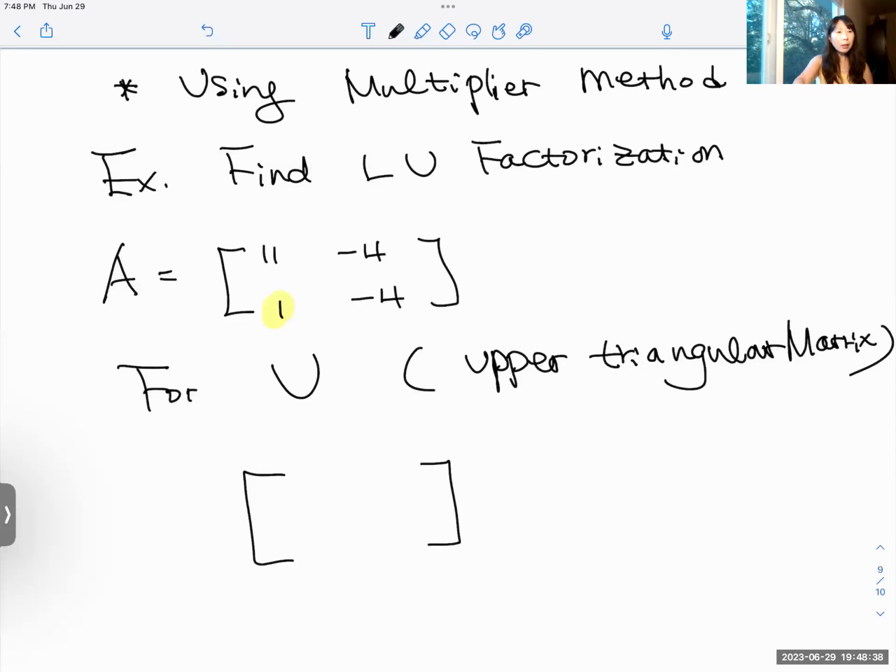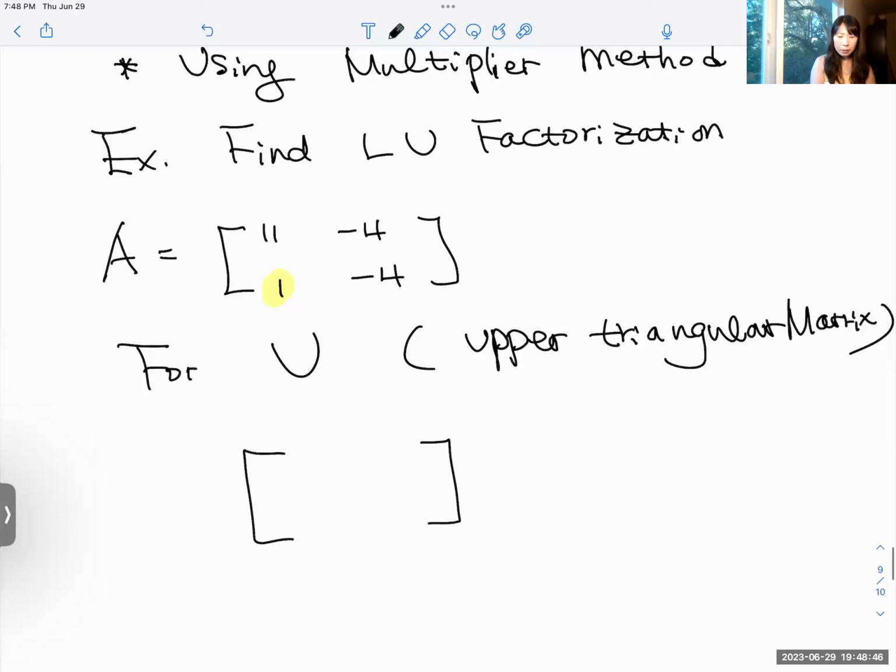We take -1/11 R1 and add R2 to make R2. So we will have 11 and -4, and we get 0, then -40/11.